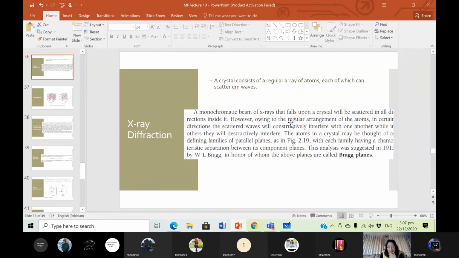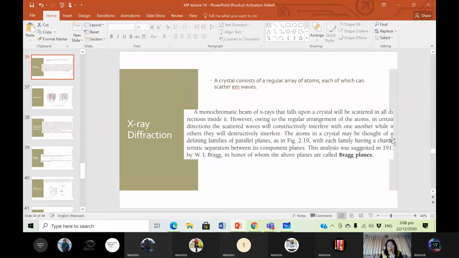So when the beam of X-rays falls upon a crystal, due to the regular arrangement of the atoms, in certain directions the scattered waves will constructively interfere with one another. In other directions, they will destructively interfere. We already know that when light enters a diffraction grating, in some places constructive interference will take place, and in some directions destructive interference will take place.